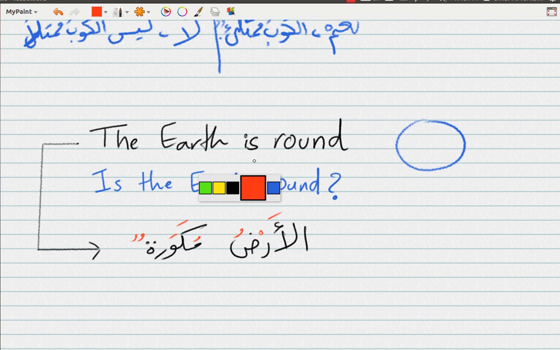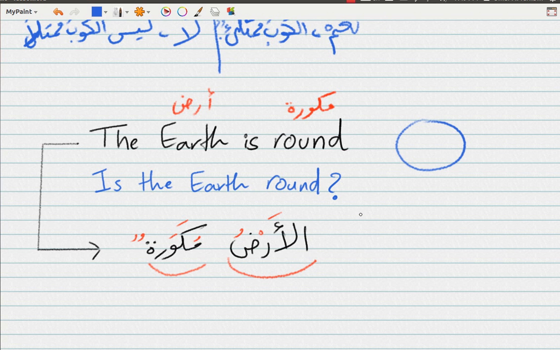Earth in Arabic is ard, and round in Arabic would be mukawwar, in the sense of it's like a kura, like a ball, mukawwara. Translated into Arabic, it would be al-ardu mukawwaratun.